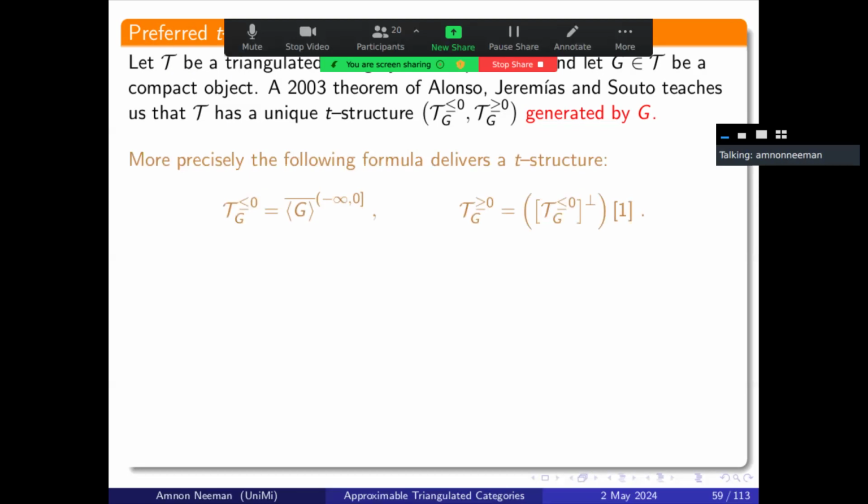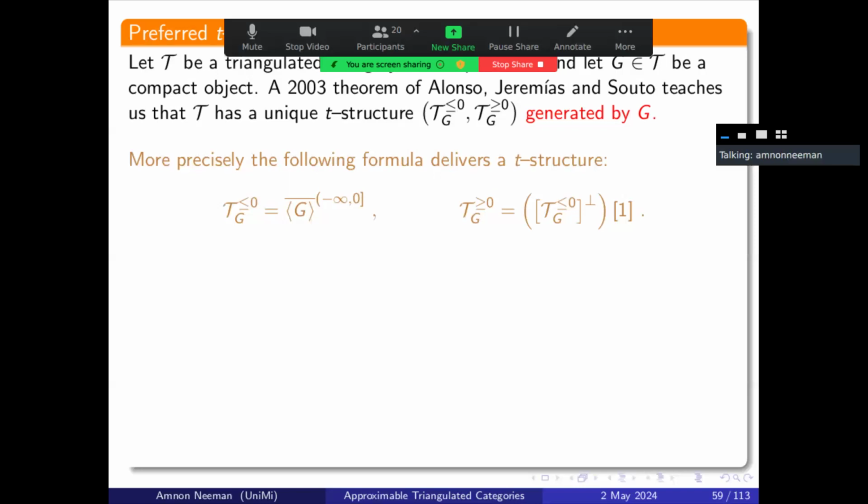By this I mean that in my black box constructions, there was this category that you get by taking the object G, taking all positive shifts of it, and closing under coproducts, direct summands, direct sums, and extensions.